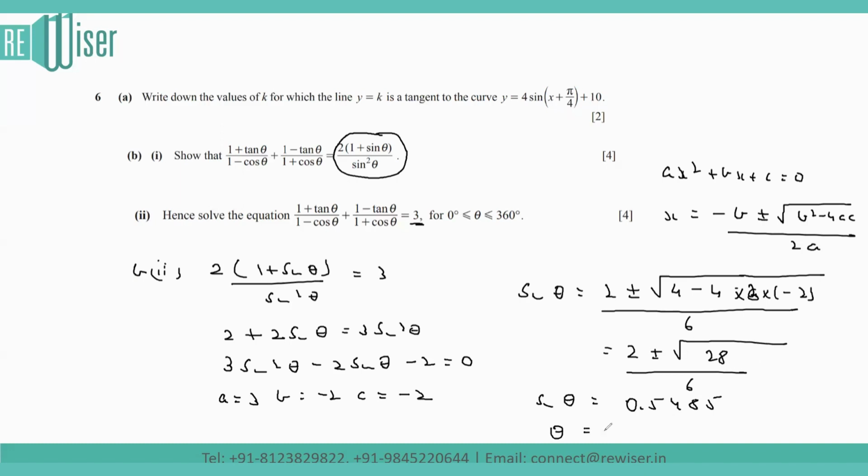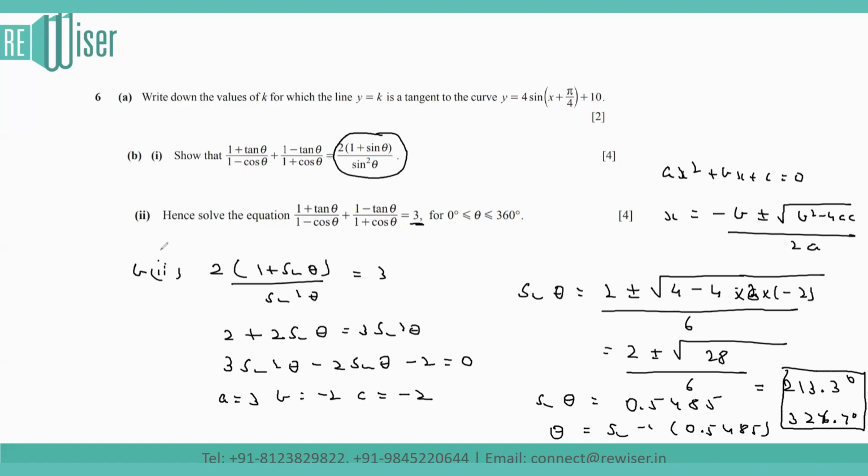So theta is the sine inverse of the given value. We get two values for theta. One is 213.3 degrees, and the other is 326.7 degrees. These two are the valid answers for this question.